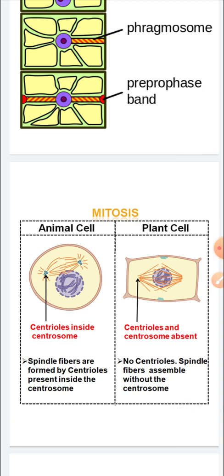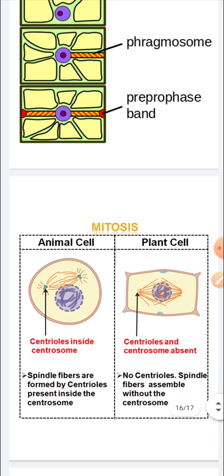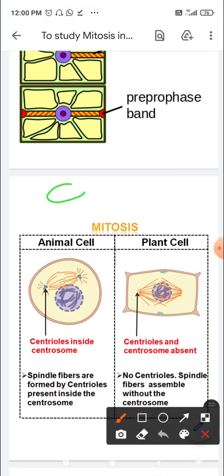Another difference between animal cell and plant cell mitosis is that centrioles are found inside the centrosome. So what we saw at one pole was a centrosome with centrioles inside, whereas centrioles and centrosomes are absent in plant cells.